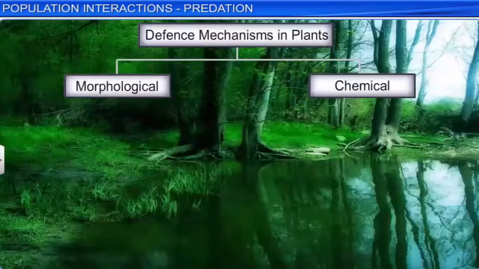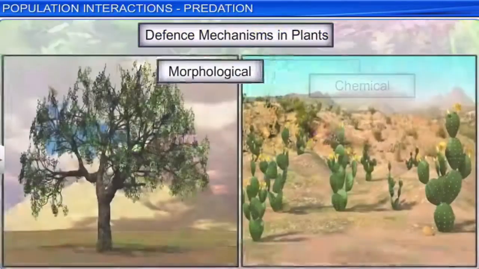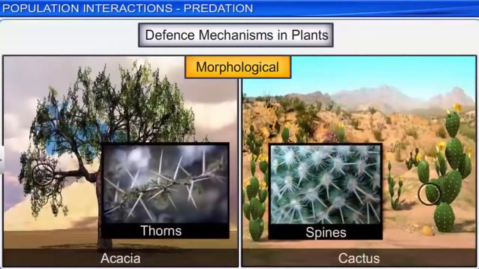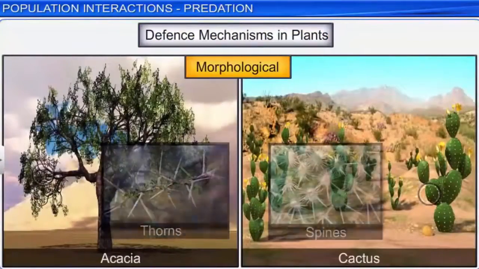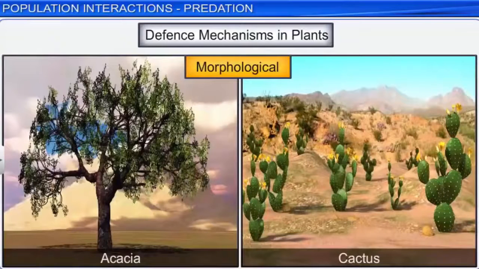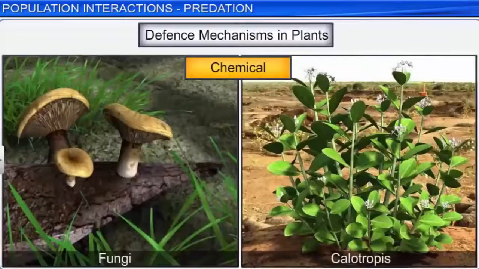Therefore, plants have developed a variety of morphological and chemical defense mechanisms against herbivores. The presence of thorns and spines is the most common morphological means of defense in some plants like acacia and cactus. Also, a few plants like Calotropis and some fungi have chemical defense mechanisms which include the production of harmful and distasteful chemicals.